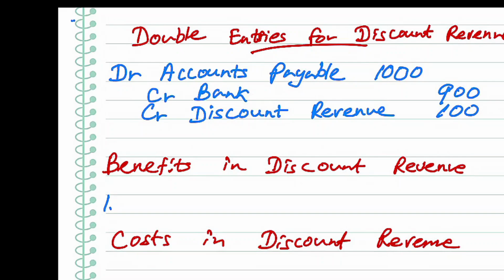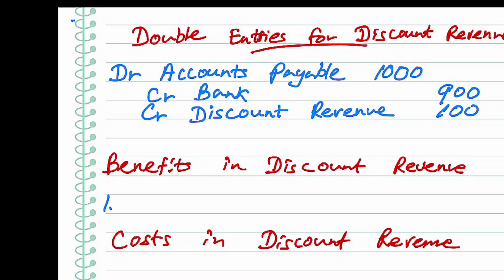Number two, cash being paid faster to accounts payable means the business has less time to generate cash from sales.